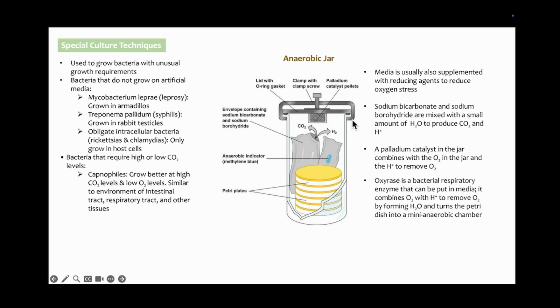You can clamp it, and you place your plates here, and you have a gas pack. A gas pack that absorbs the oxygen, changes it to water, and releases CO2. So this will change the atmospheric condition in the anaerobic jar.